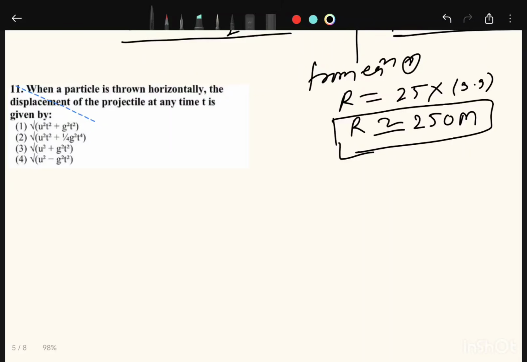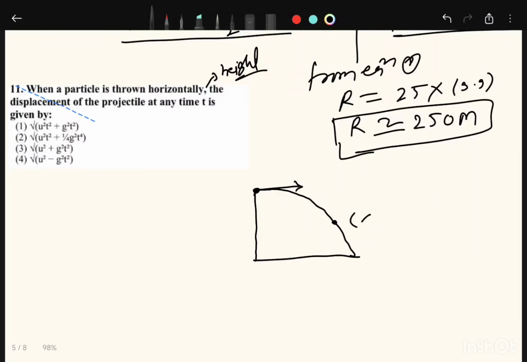So let's suppose a particle is thrown horizontally from some height, right? Due to gravity, its path will be like this. Let's suppose after t time, the particle is here.